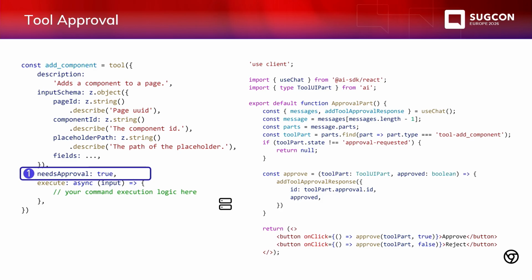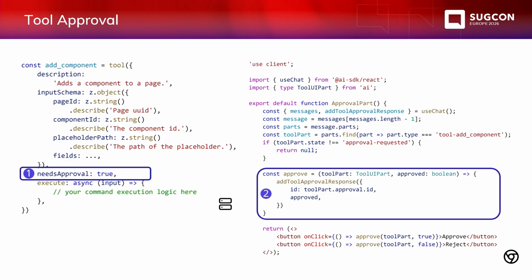But sometimes you can even create some advanced conditions. So, for example, you can pass a function here and set needsApproval to true or false based on the context. And then on the UI, the user needs to click approve or reject, and you use a specific function to handle this situation.